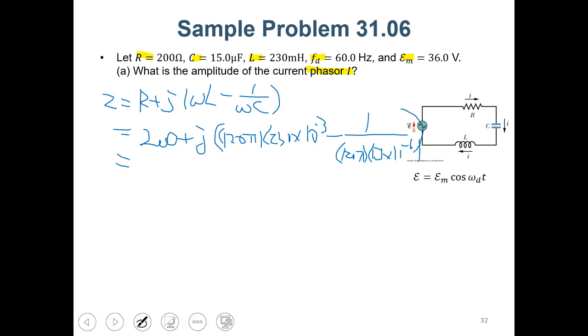Okay, so Z is nothing but 200 minus j 90.13, and the unit for the impedance is still ohm.